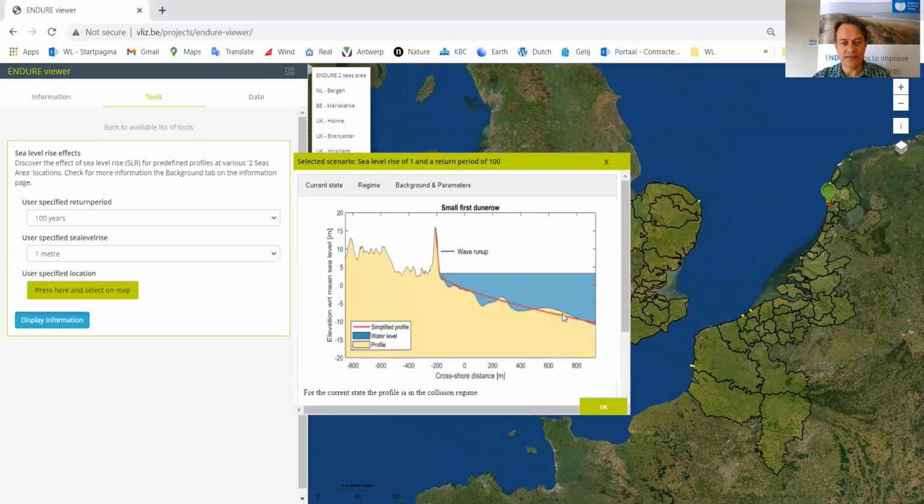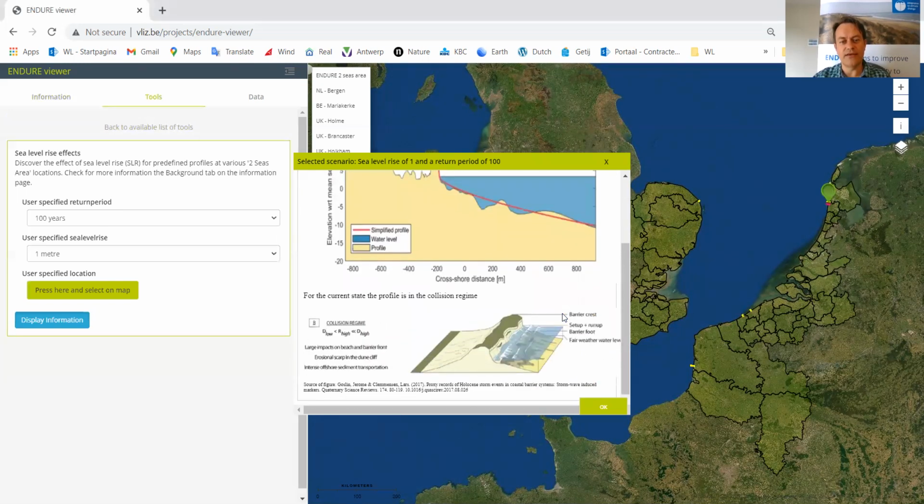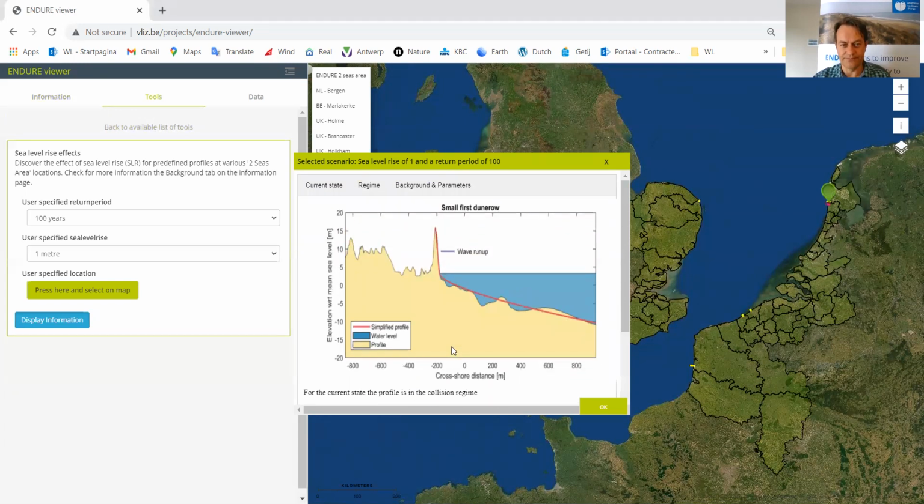So in this case, with these conditions, we can have a collision regime. So dunes are able to withstand that event, and there is no problem.